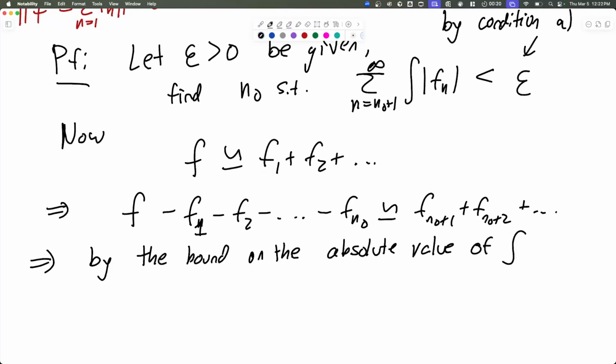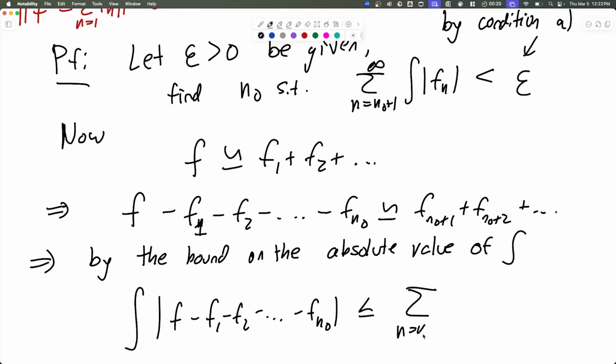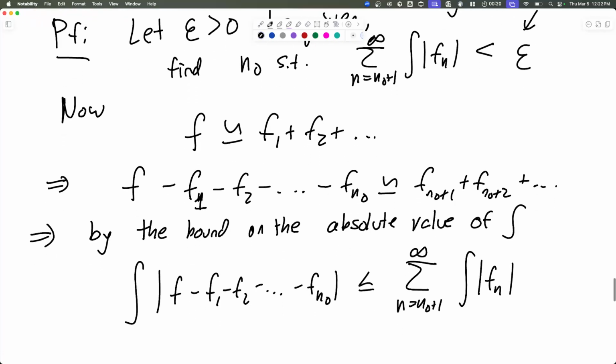We said when you have something that is sim equal to something, the integral of the absolute value of this is less than the sum of the integrals of the absolute values of those. The integral of the absolute value of f minus f1 minus f2 minus ... minus fn naught is less than or equal to the sum from n equals n naught plus 1 to infinity of the integral of the absolute value of fn. I think it was 2.5 point something.